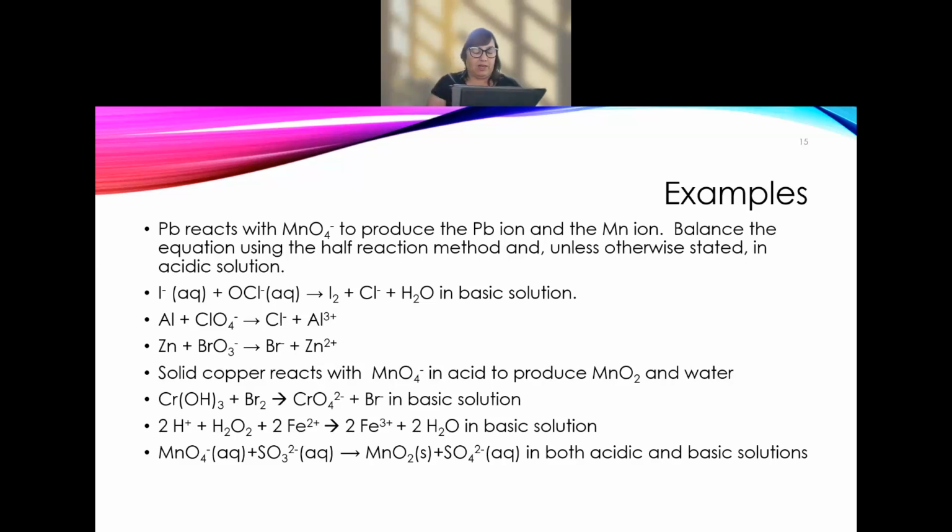We add and simplify. That means we cancel our 6 electrons, and we get 2 Cr(OH)3 plus 2 H2O plus 3 Br2 goes to 2 CrO4 2- plus 10H+ plus 6 Br-, and that's our happiness there.